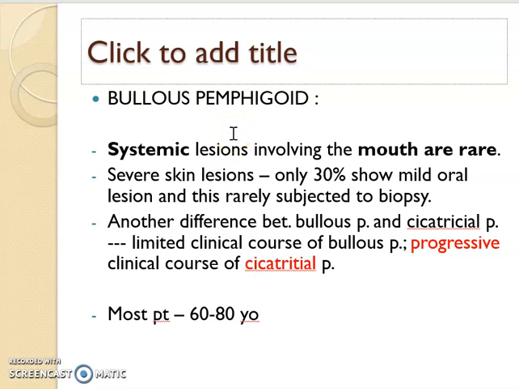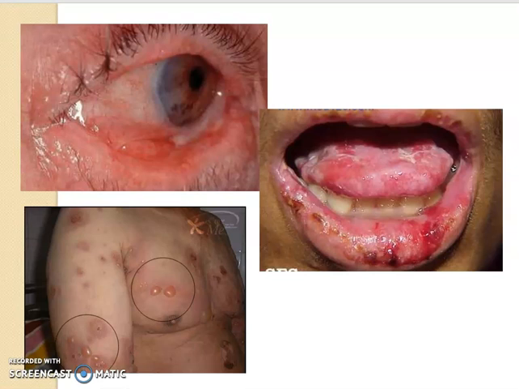Bullous pemphigoid affects mainly the skin, cicatricial mainly the mucous membranes, like the oral cavity, the vagina region, and the eyes.